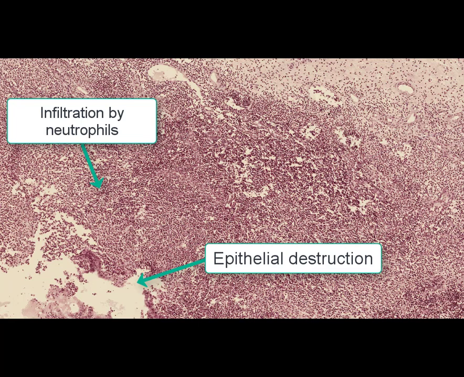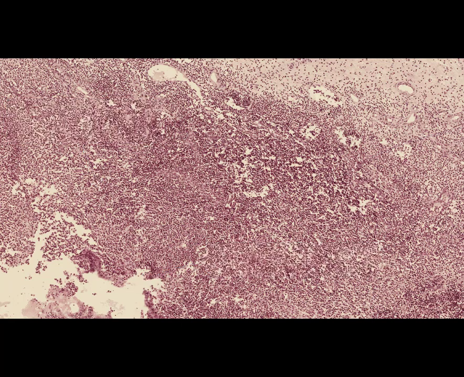Along with this, it should be noted that appendix submucosa normally contains lymphoid follicles, and these follicles should be distinguished from neutrophilic infiltration. Due to the presence of destruction of the epithelium layer, this appendicitis is called ulcerative.